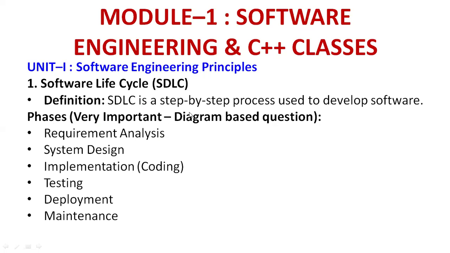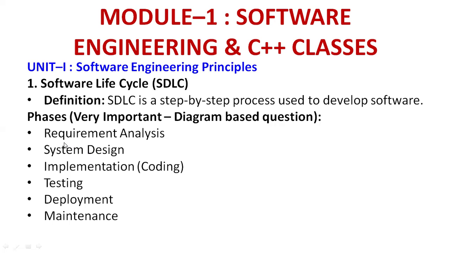What are the important phases of the software lifecycle? It involves requirement analysis, system design, implementation, that is coding, then testing, deployment, and ultimately maintenance. So these are the six important phases of SDLC, the software lifecycle.